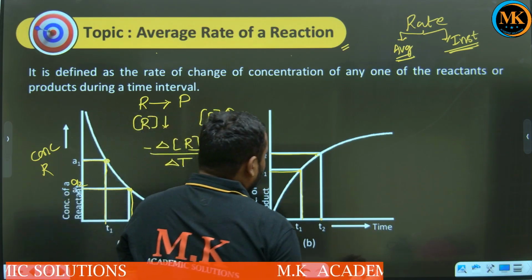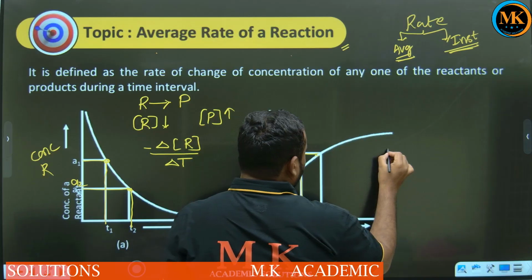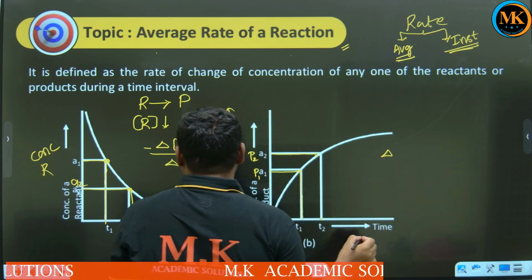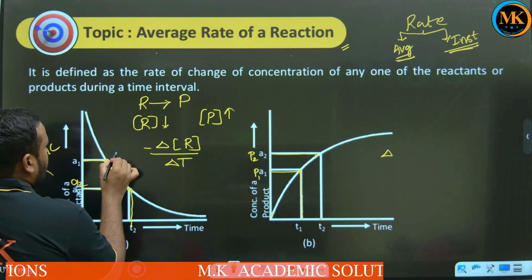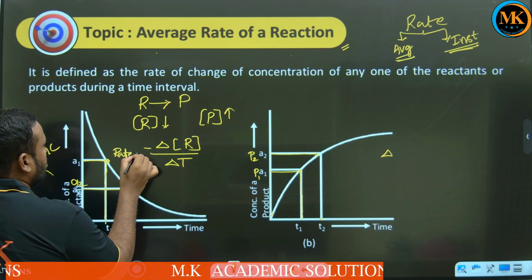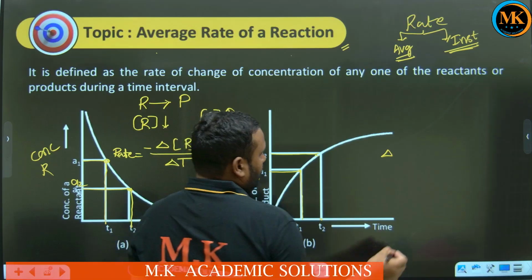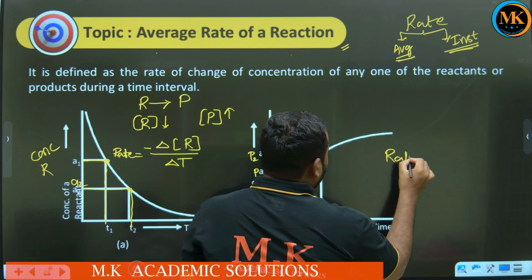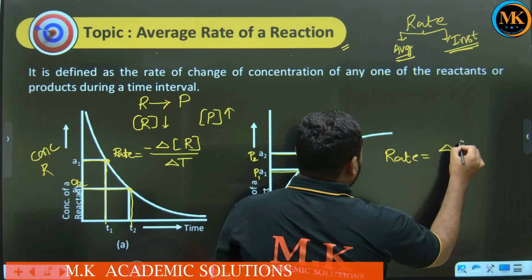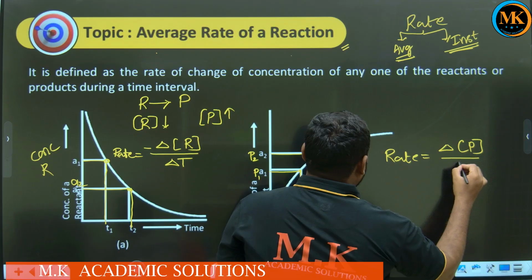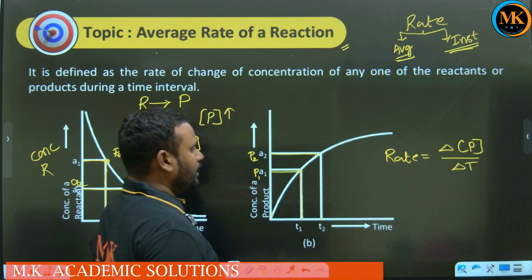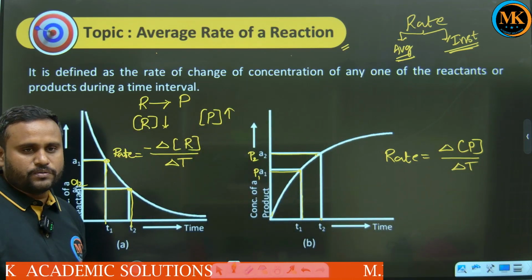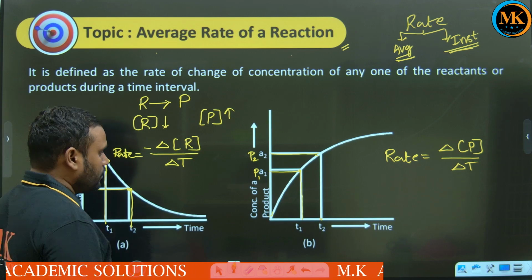So what is the rate here? Rate equal to delta P by delta T. This is known as the average rate.